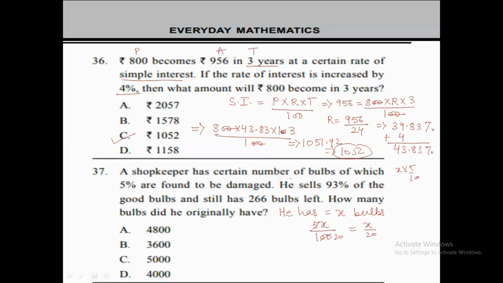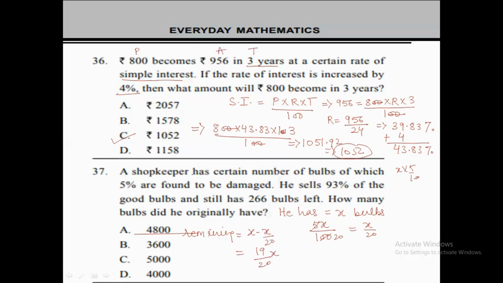Now we need to find the remaining number of bulbs, because it is saying that he sells 93% of the good bulbs. So first we will find the remaining bulbs. What is the number of remaining bulbs? For this, we need to subtract X by 20 from X. When we subtract it, we get 19 by 20x.